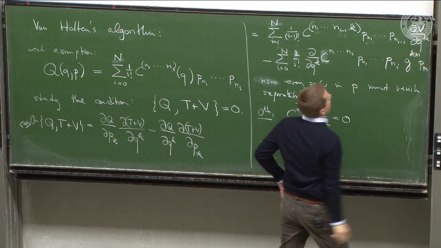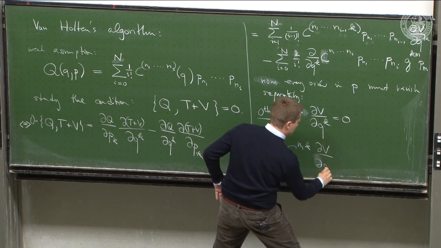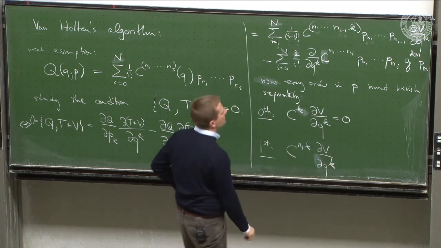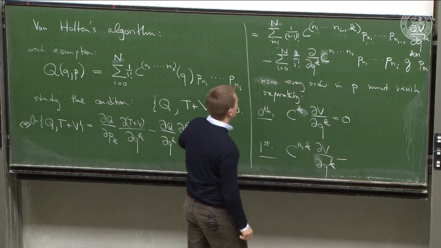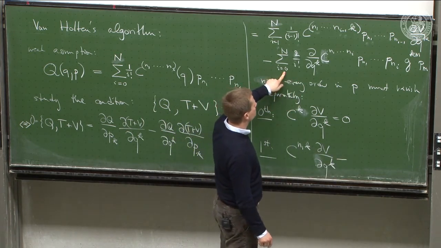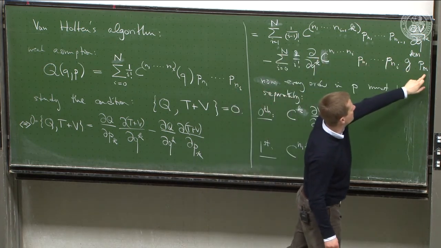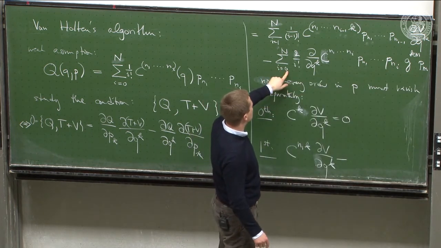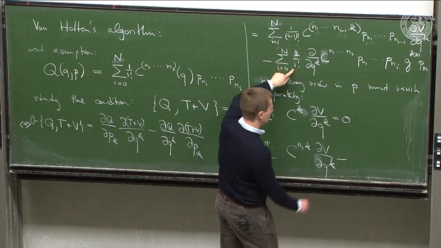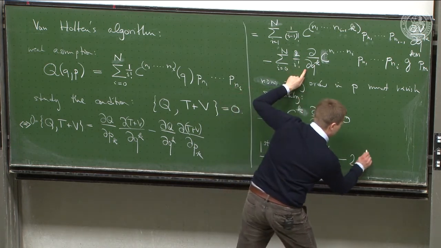And there is a dV by dq_k. That's this term. Then there's a minus. Now we come from here. Sorry, I wasn't complete. This one has no contribution because there's always 1 p. But now this contribution comes in. It's the I equals 0 term, with a 2, minus 2. Now I have d by dq_k.